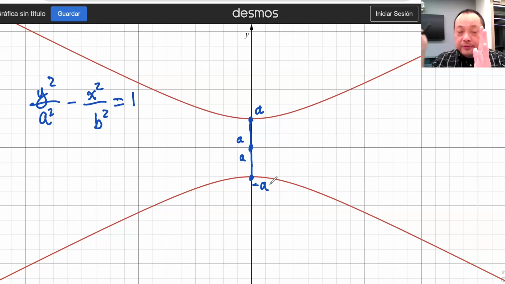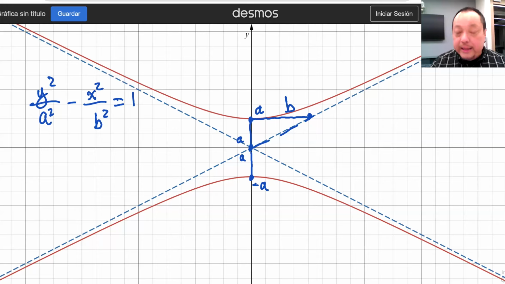So if I go off of the vertex by a distance of b, I will hit the asymptote. So if I go over here by a distance of b, then I will know that that line is the asymptote of the hyperbola. And sure enough, there it is. And the slope in this case is a over b, the y number over the x number. A over b is the slope.